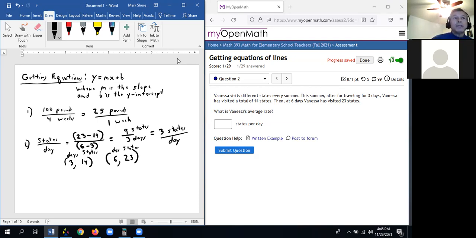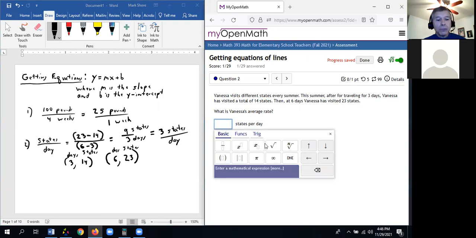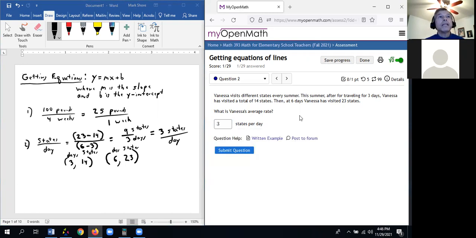They like, I want to see every state in the country. So they drive around and, you know, do that sort of thing. It's actually a real thing that people do. So 3 states per day. And you see, it's just kind of common sense working it out. But really what you're calculating on both problem 1 and problem 2 and a lot of other problems is the slope. How many per how many type of thing. So that's how that works.